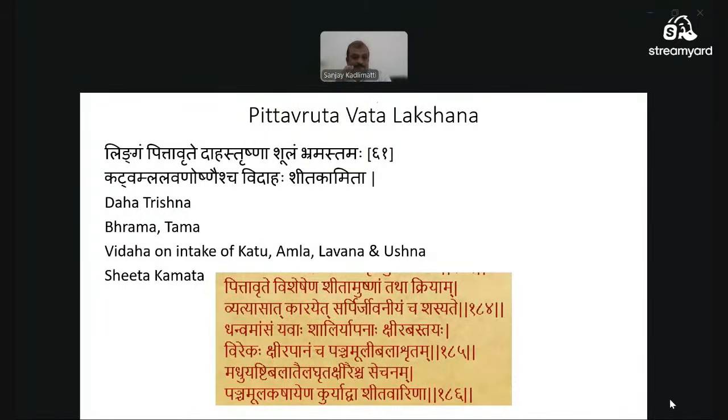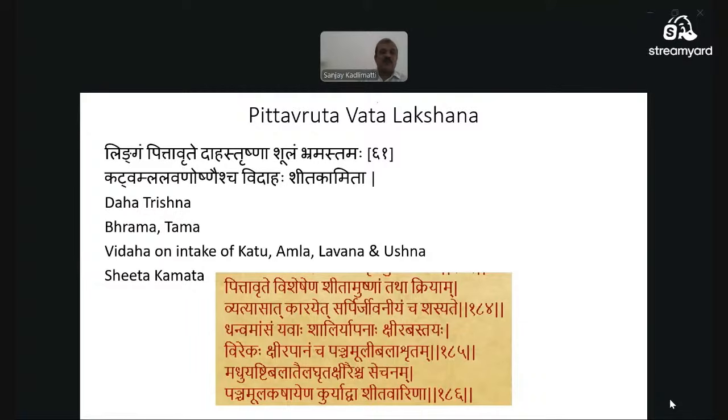Pittavrata Vata Lakshana. One by one we'll start the lakshanas, and also see the treatments and how to understand clinically. See, in Pittavrata Vata the symptoms are daha, trishna, shula, bhrama, tama, so you may get confused with Amla Pitta or bhrama, or sometimes Pittaja shula, because Charaka has not told shula, Sushruta has. But to make a diagnosis, you use upashaya.